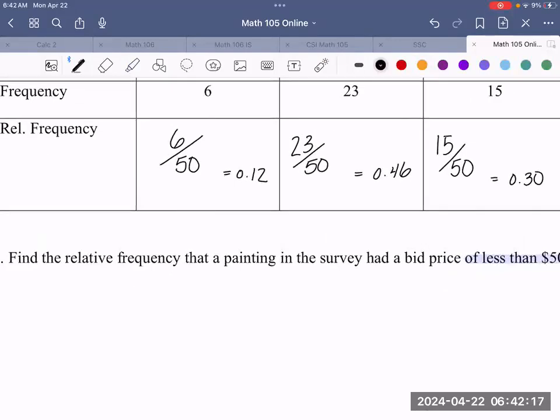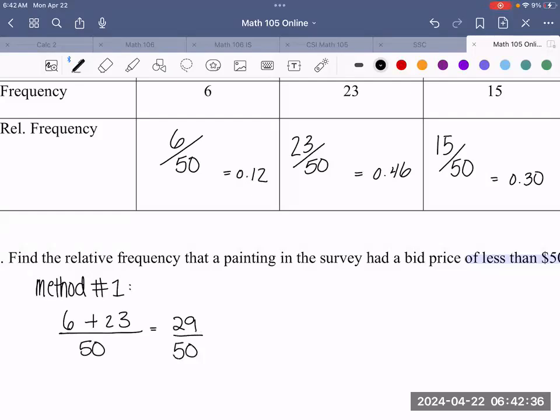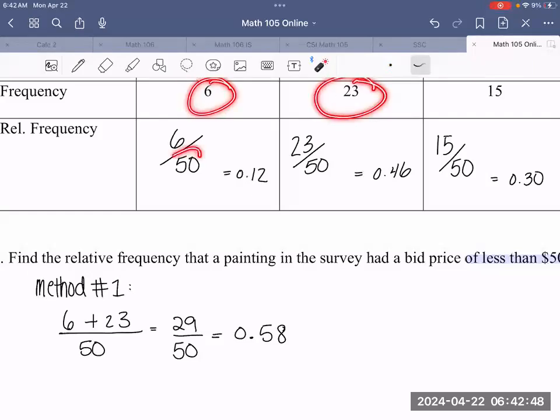So one method is to add up both of your frequencies. We can do 6 plus 23 all over 50, 29 over 50, which equals 0.58. So we can take all of your frequencies, the actual numbers that it actually occurred, and still divide it over the 50.